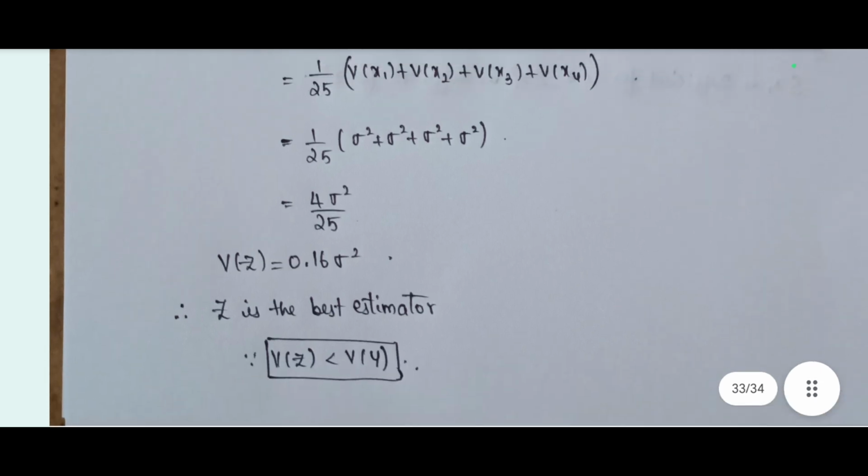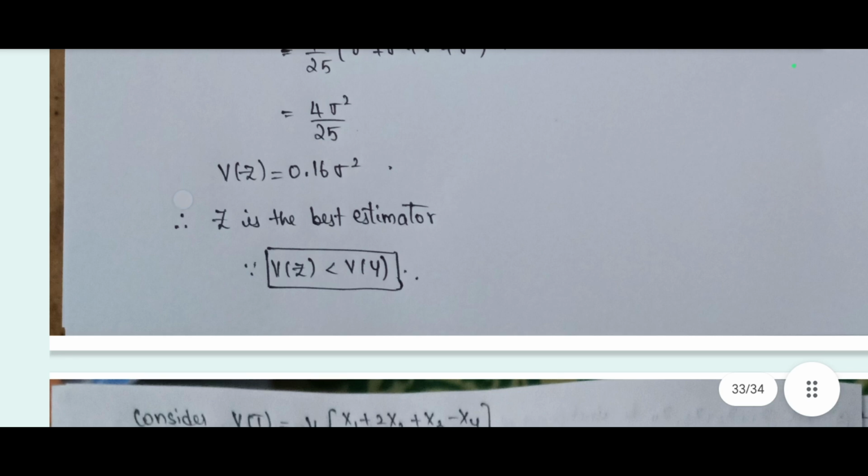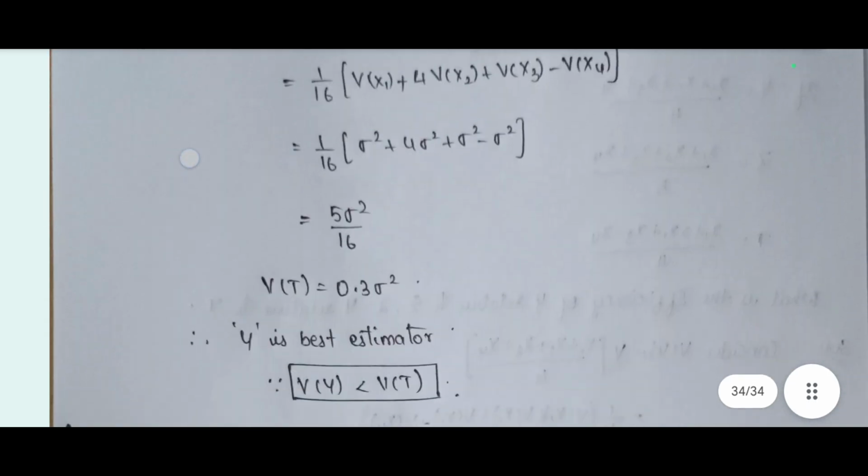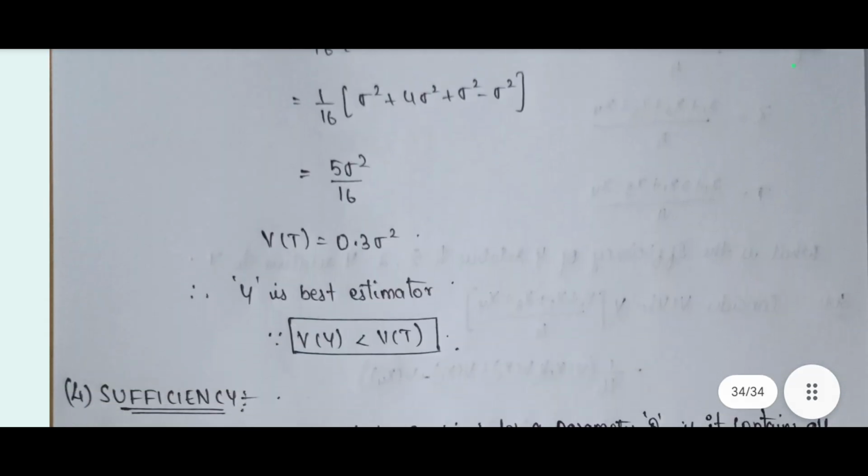On comparing these two, z is the best. Next, on comparing y and t, t is having 0.3, so y is the best here. Very simple and easy to understand these calculations.